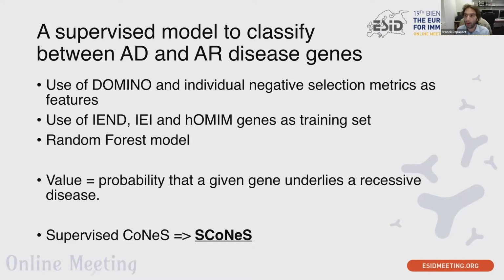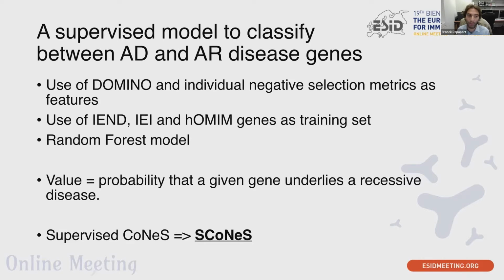Then we used as a training set the genes that underlie inborn errors of neurodevelopment, the ones that underlie inborn errors of immunity, and this hand-curated version of HOMIM, H-HOMIM, that only includes highly penetrant genes. And we kept the genes that were strictly underlying AD disease or strictly underlying AR disease.